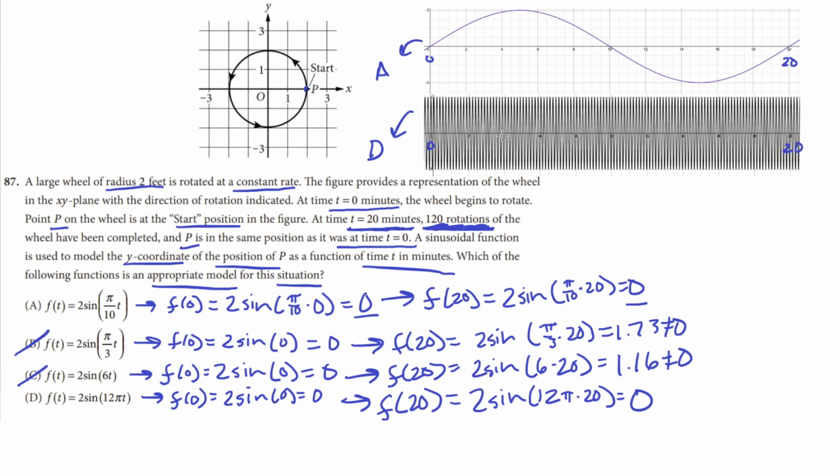We see that it goes through many more cycles. So the graph in A obviously doesn't go through 120 cycles, whereas the graph in D does. Graph D had the correct f of 0 and f of 20 values, but graph A did not have enough cycles between 0 and 20. So D is the correct answer.